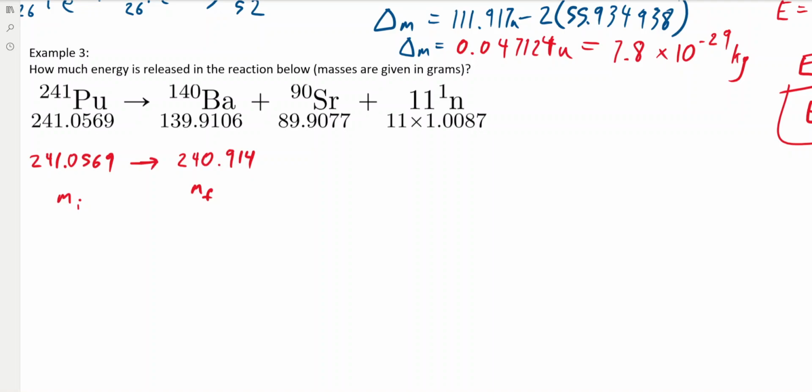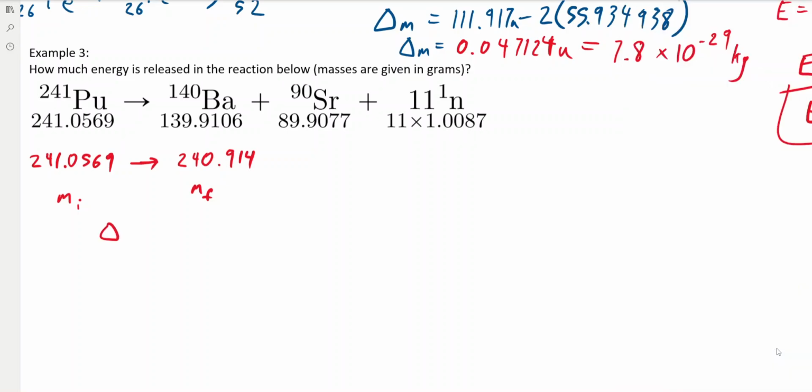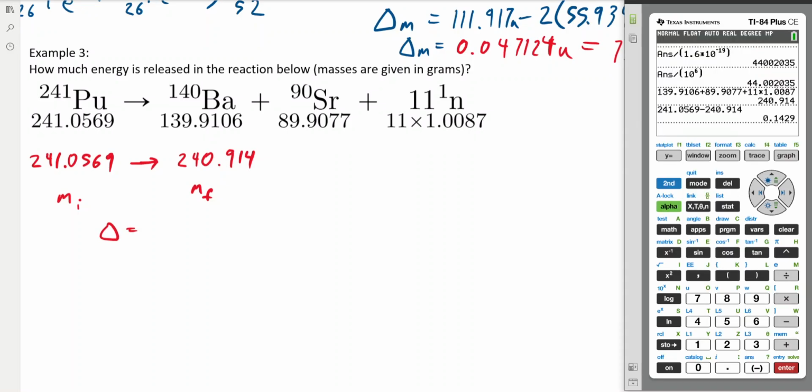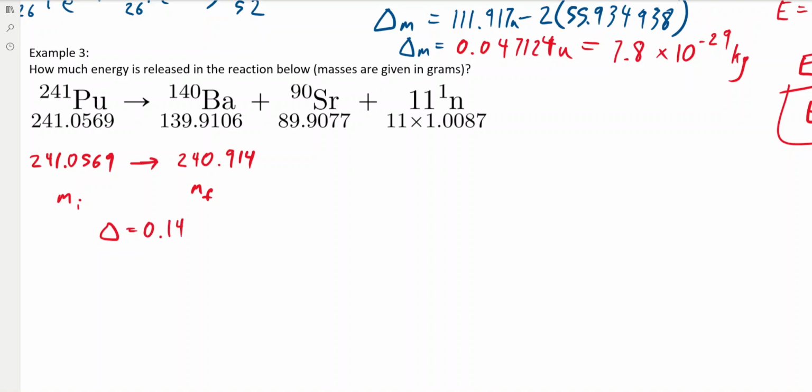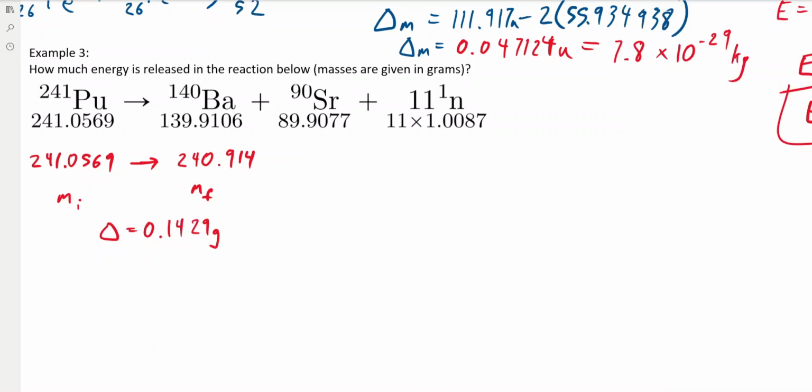And this is our mass final, whereas our initial mass was 241.0569. So it has changed, not by much. It never really changes by much, but 241.0569 minus this number here. And so we get a change in mass of 0.1429 grams.